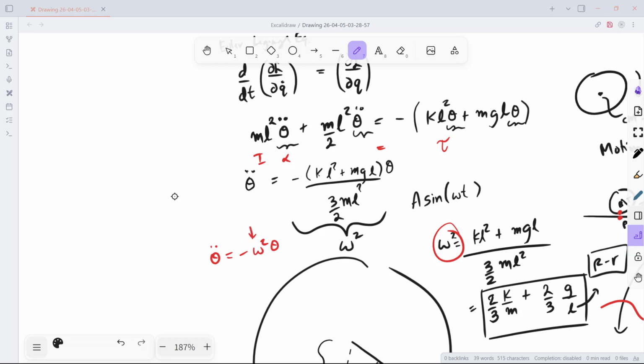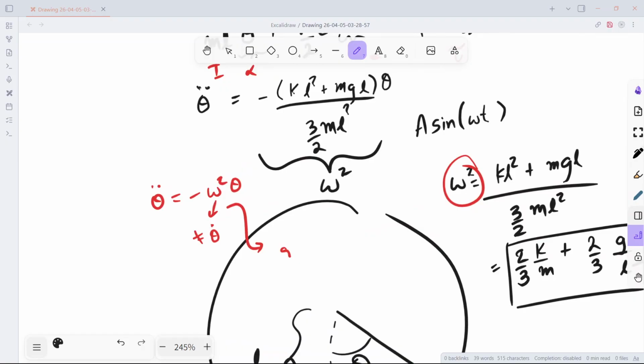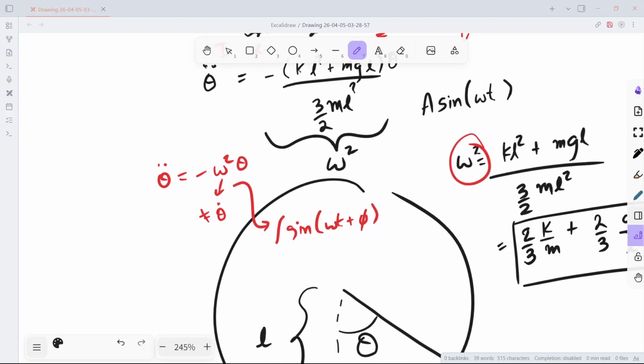Again, this omega, the angular frequency of the motion, is not the omega that you get by differentiating theta. So this is not equal to theta dot. But its solution happens to be sine of omega t plus or minus phi, with some scaling factor.